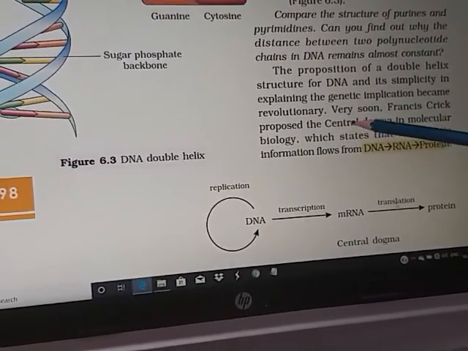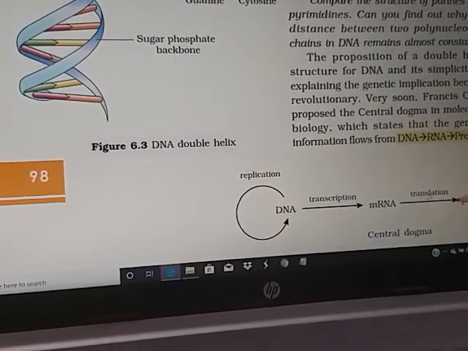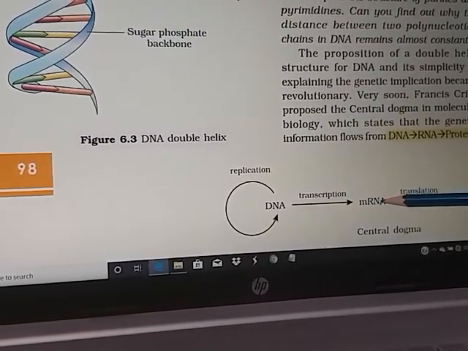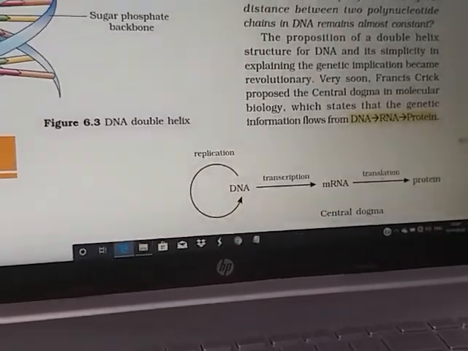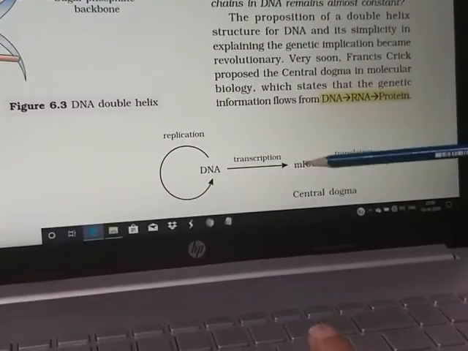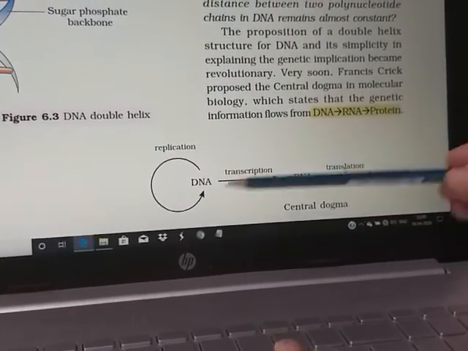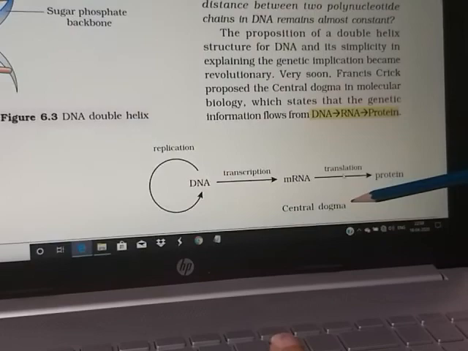This central dogma is explained here: DNA, transcription, messenger RNA, translation, protein. Means DNA transcribes messenger RNA, and this translates the protein. And this is the central dogma of the protein synthesis.